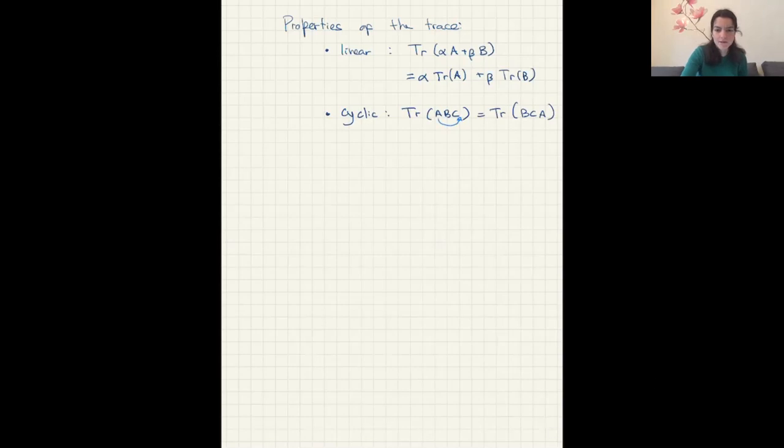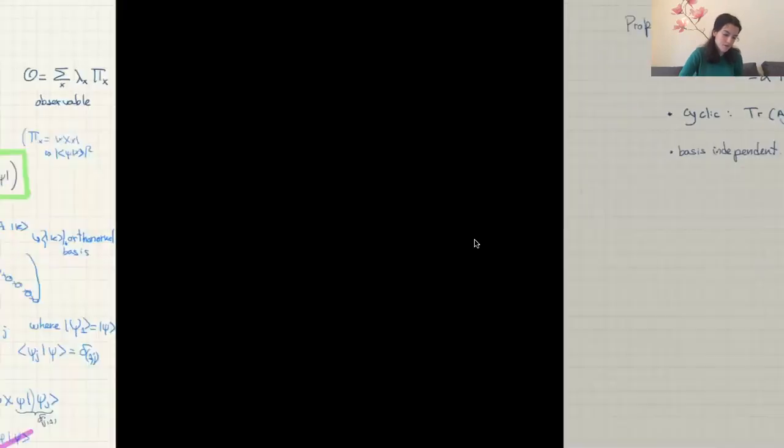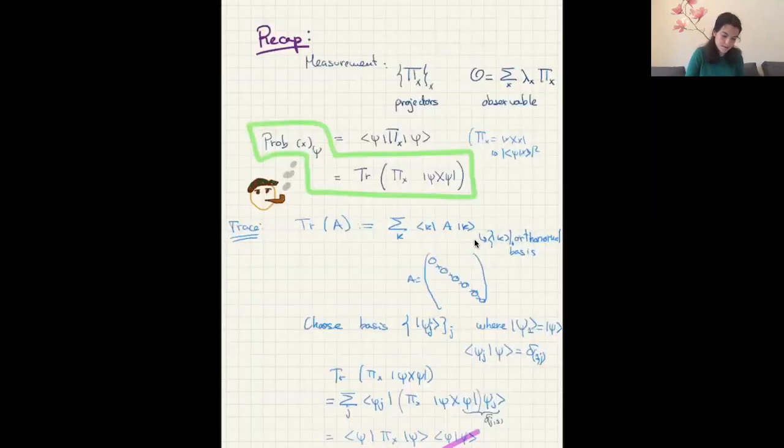And finally, there's one more that we need, which is that it's basis independent. And what it means is that here you could have picked any basis k to do this.